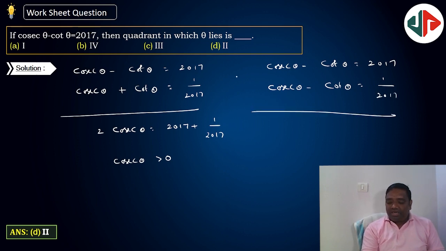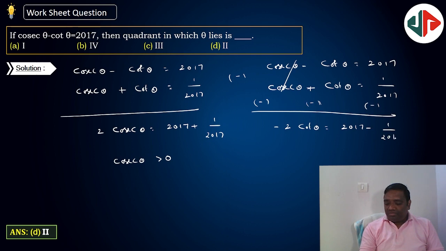If we subtract the second equation from the first equation, cosecant theta will be cancelled. Minus 2 cot theta is equal to 2017 minus 1 by 2017.